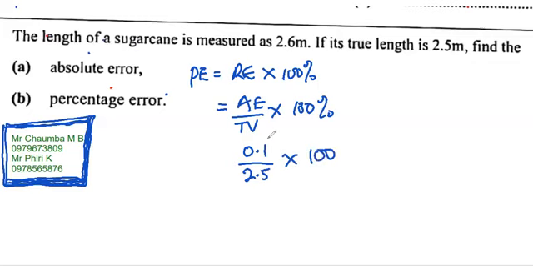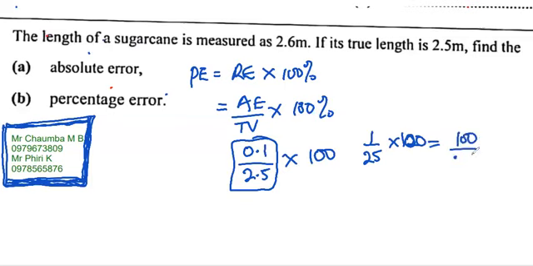We could go further. You multiply each one of these by 10, because especially the one below has 1 decimal place. So if we multiply each one of them by 10, we end up with 1/25 multiplied by 100. This is going to be 100/25, which gives you 4%.